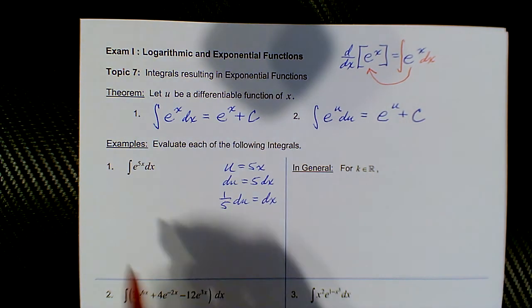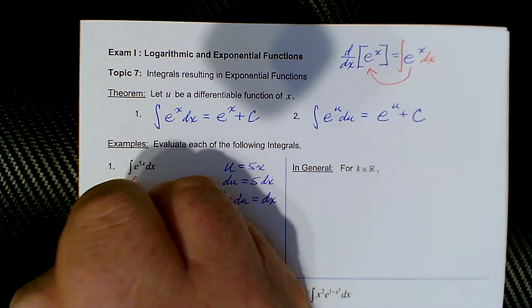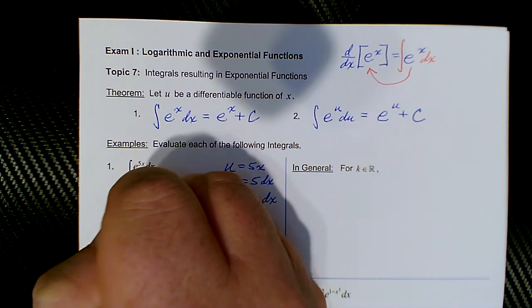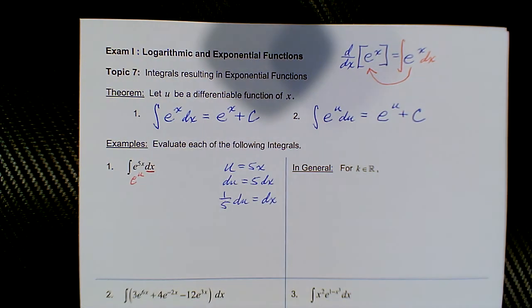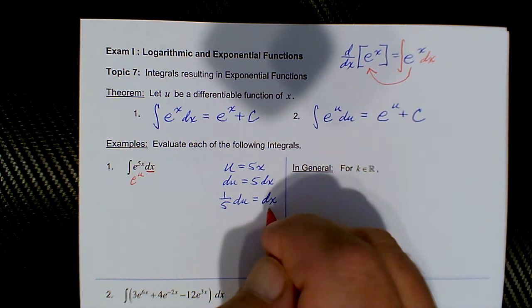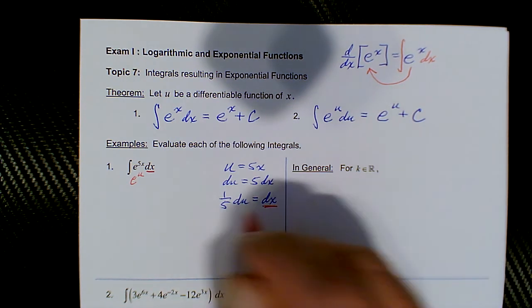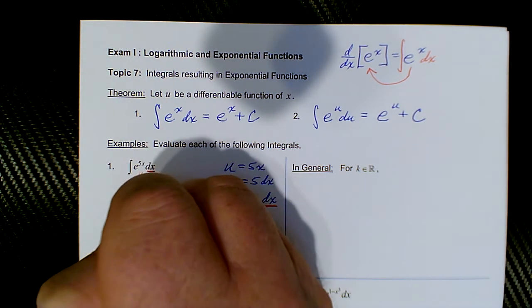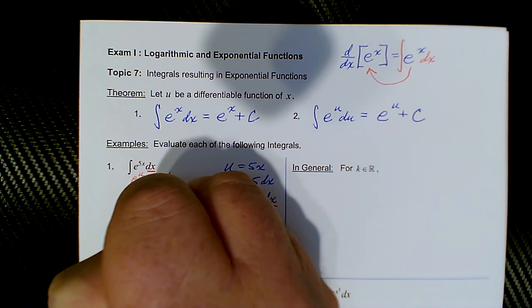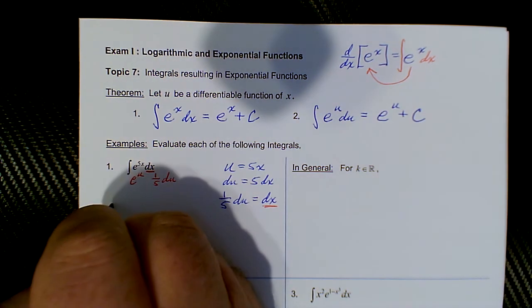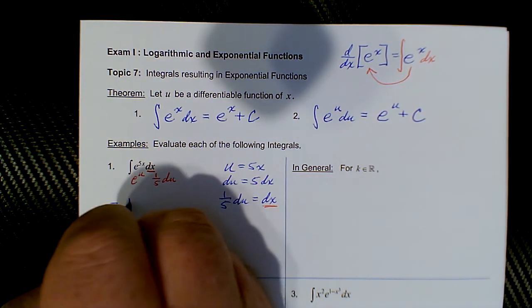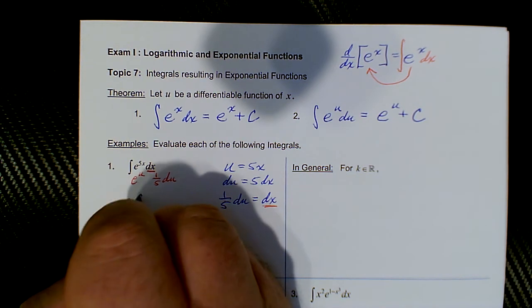So if we look back at the integral, we're trying to fit the form of e to the u by choosing u to be 5x, and the only thing left over is the differential dx. And comparing that to the du, we see that the dx makes up 1/5 du. So we could fit the basic formula, bring out the 1/5 most efficiently.